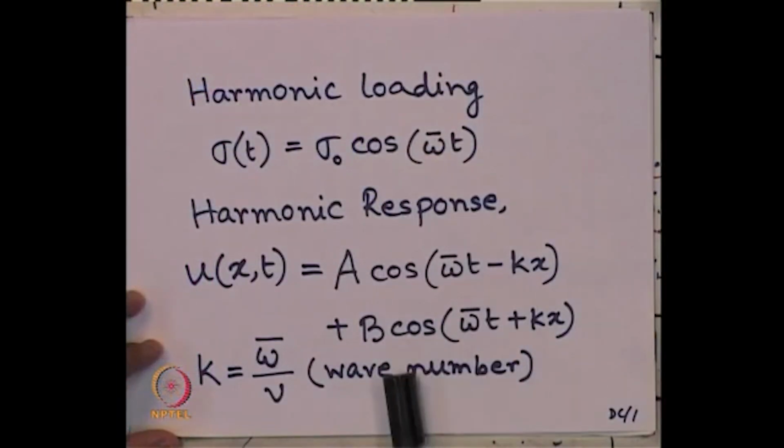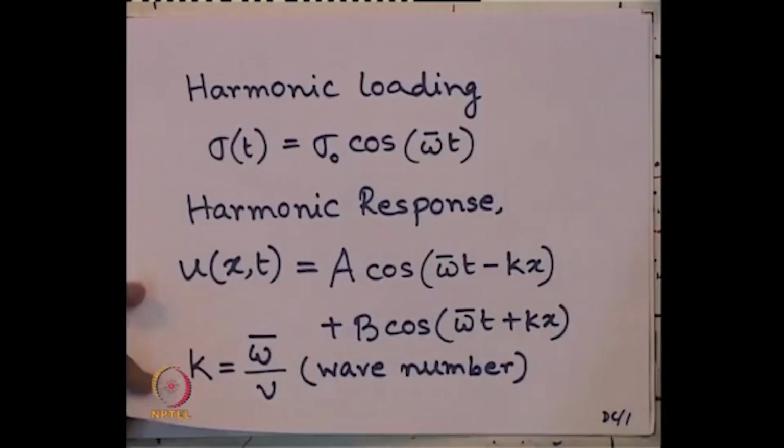this is the response what we have obtained, where we have defined this parameter k as a wave number, which is nothing but the ratio of the circular frequency to the velocity of wave in that media.